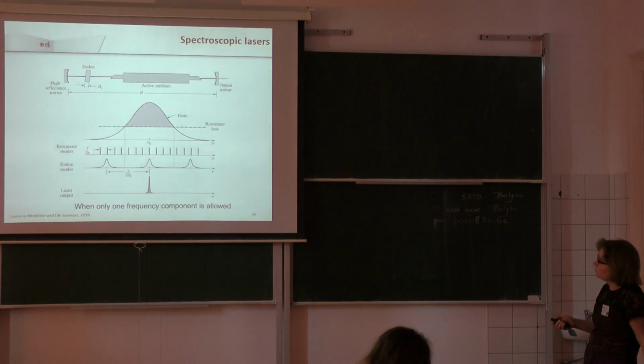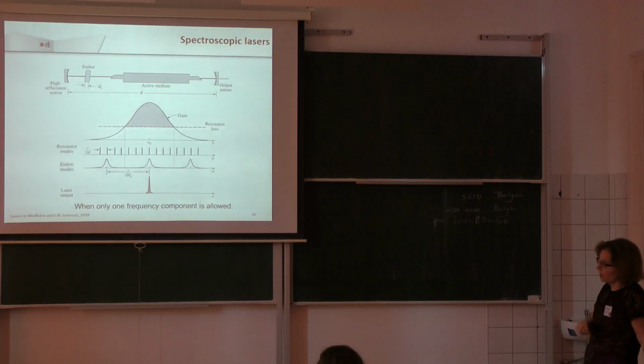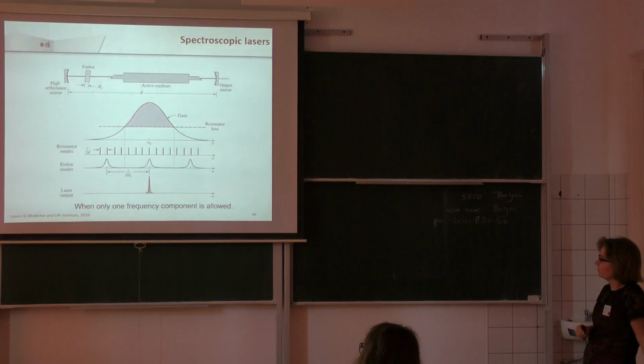So basically, if c is the speed of light and d is the distance between the two mirrors, then 2d is the total length of the cavity, and c over 2d is the inverse of the time that the photon takes to travel around the optical cavity, and this determines the position of these spectral lines.